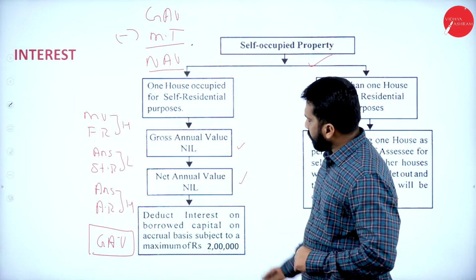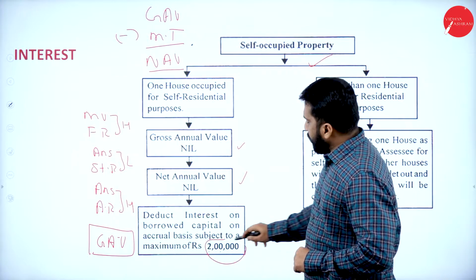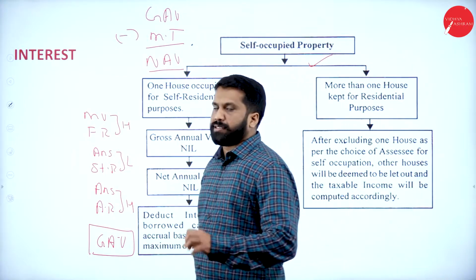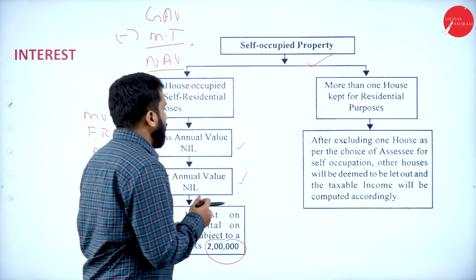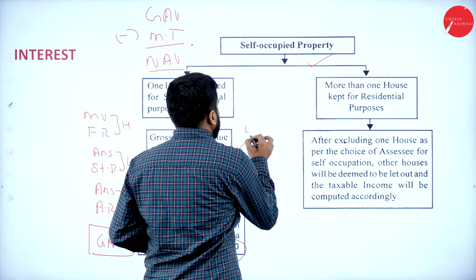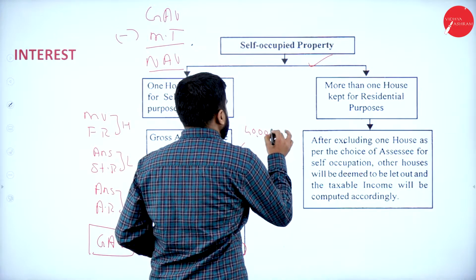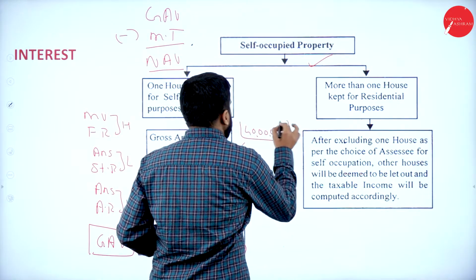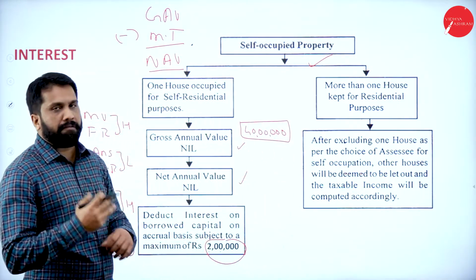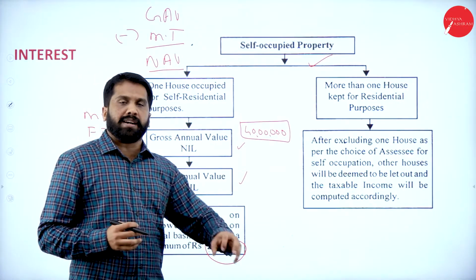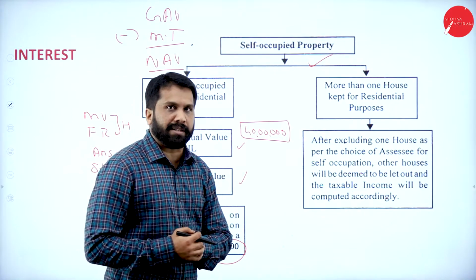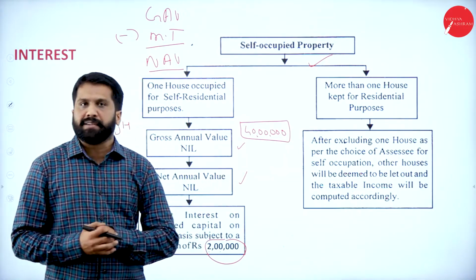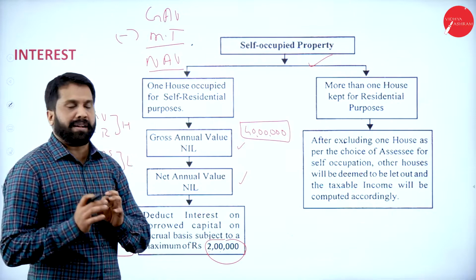Yes. Now, after this, if you have taken a loan for house construction, just assume that you have taken a loan of 40 lakh. What is the rate of interest? Assume that right now the rate of interest is running around 9% per annum.